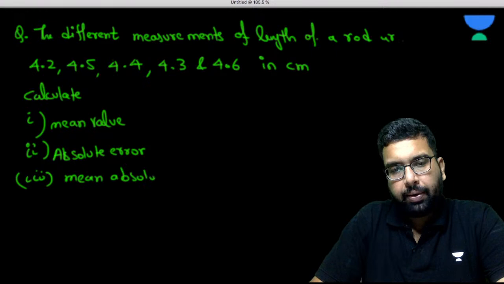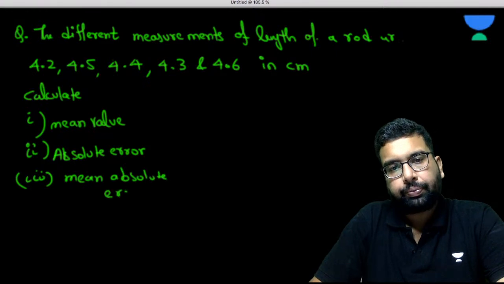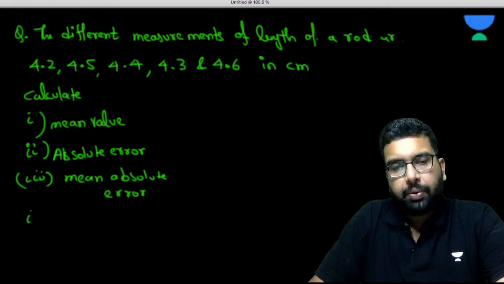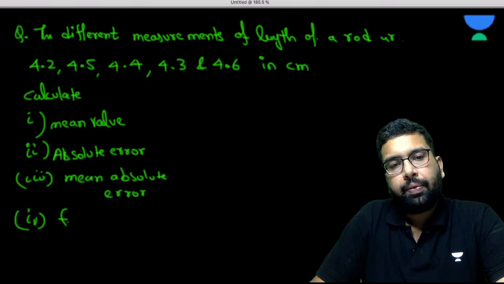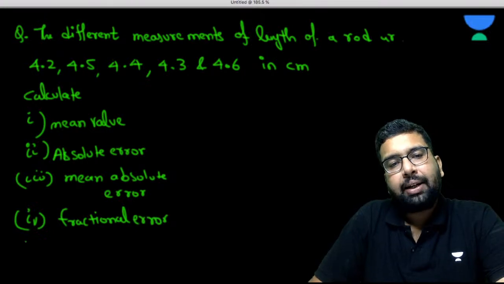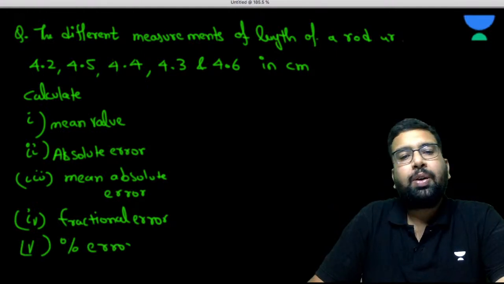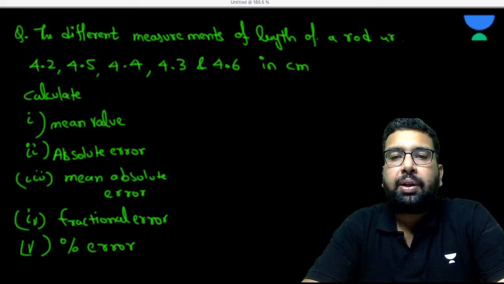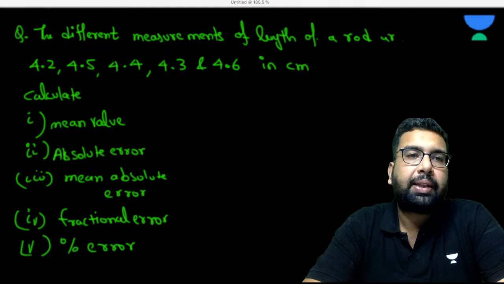Then you need to calculate the fractional error, and then you need to calculate the percentage error. So nearly everything we have learned till now, you need to apply those concepts in this. Please go for it.